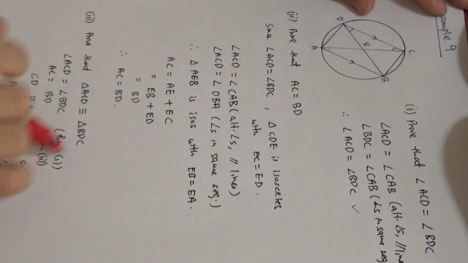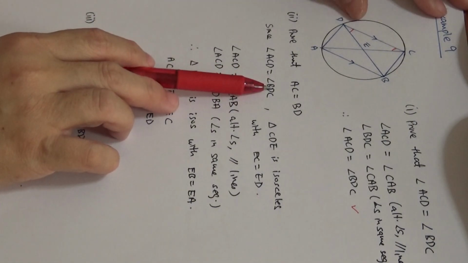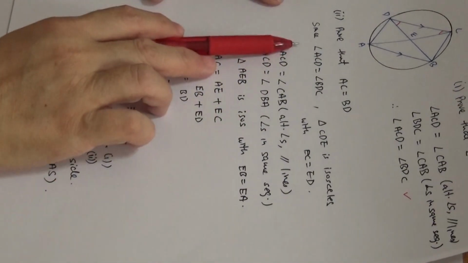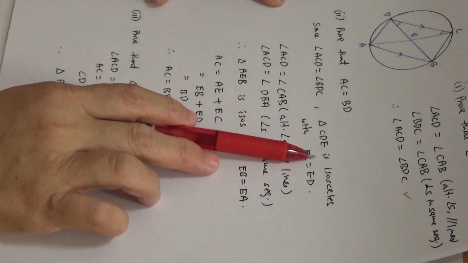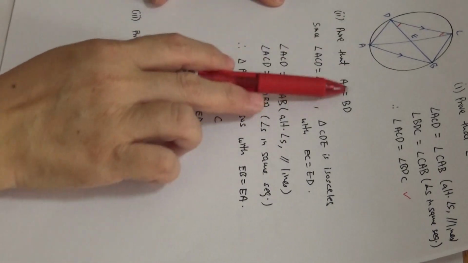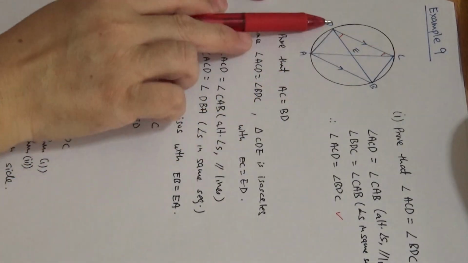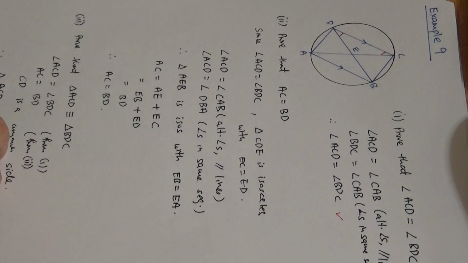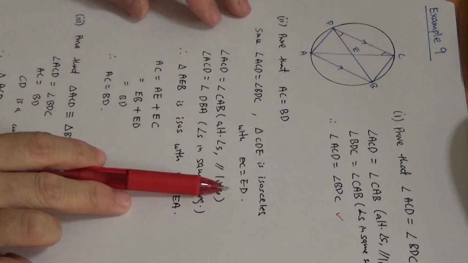Next, we are supposed to prove that AC is equals to BD. Alright, now, because these two angles are equal, this is an isosceles triangle, we will have EC equals to ED. Alright, this is from the isosceles triangle property.